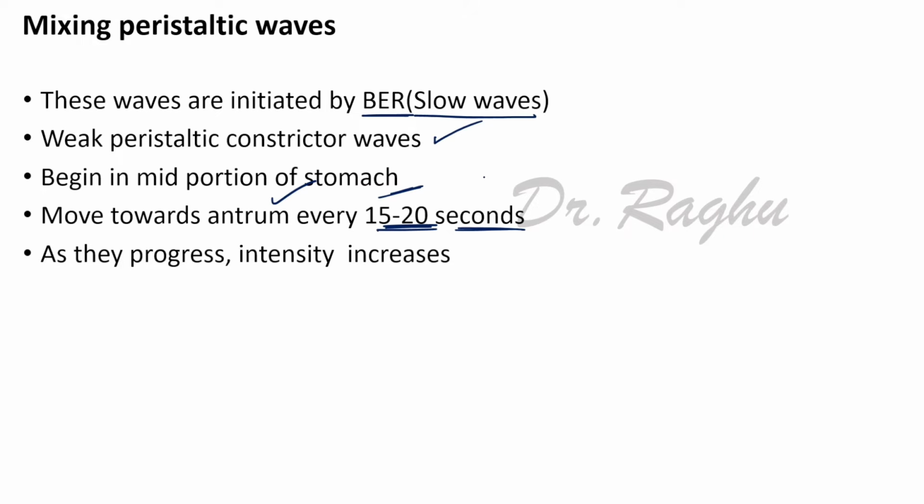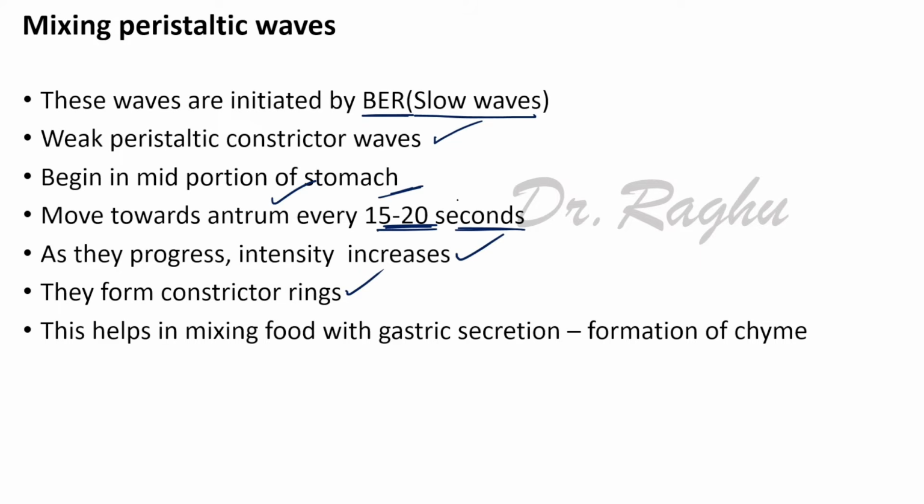As they progress from the middle part of the stomach towards the antrum, their intensity increases, and they form what are called constrictor rings. These mixing peristaltic waves, which are very weak peristaltic constrictor waves, also simply referred to as mixing waves, have the main role of mixing the food with the gastric secretion.